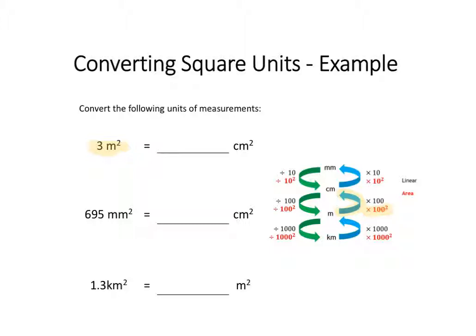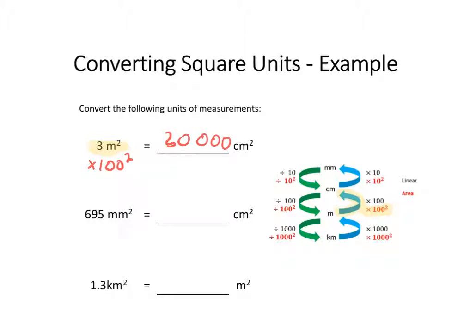So to complete our calculation, we want to go 3 times 100 squared, which equals 30,000 centimeters squared. And you will note that we've got a lot more centimeters squared than we did meters squared, which is what we expect when we go from a bigger unit of measurement down to a smaller unit of measurement.